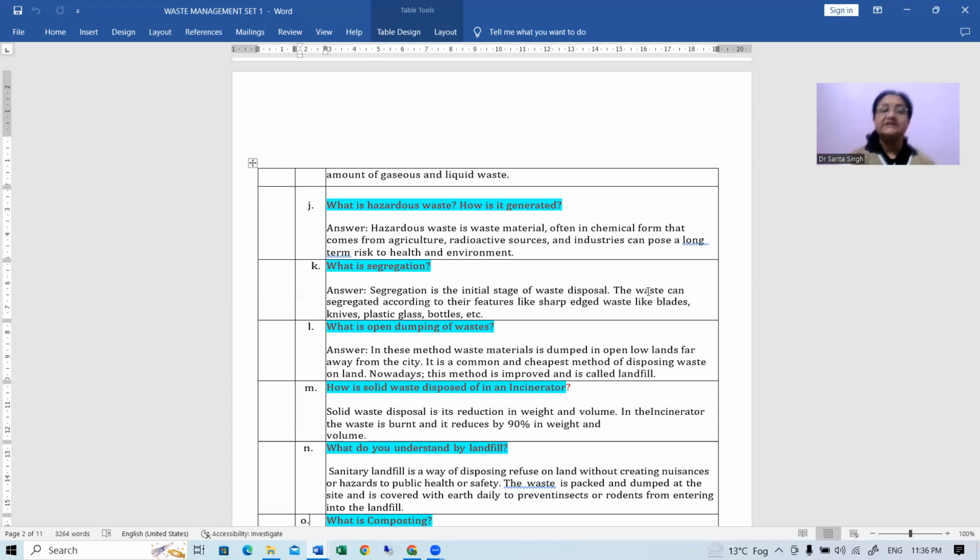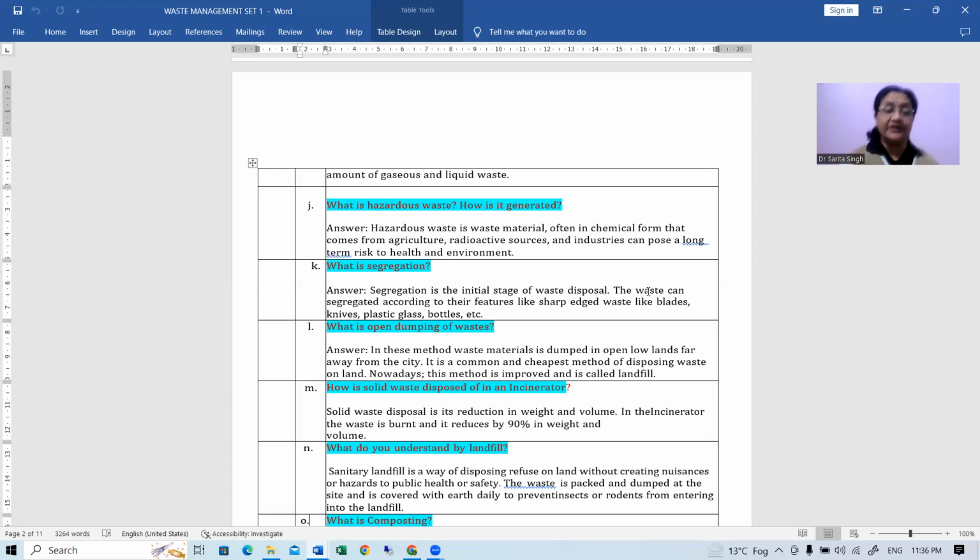Now, what is an incinerator? Here the solid waste is reduced to a great extent in total weight as well as volume, because incinerators are big chambers where at a very high temperature the wastes are burnt, and within a few seconds the waste changes into ash, right? So in total it is reduced by 90% of its weight and volume.